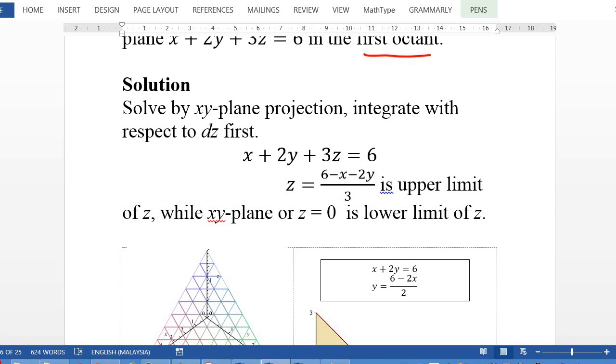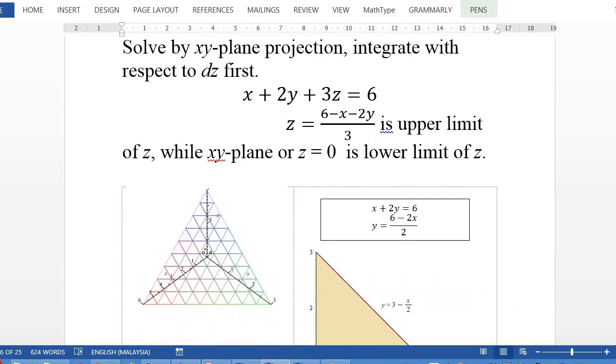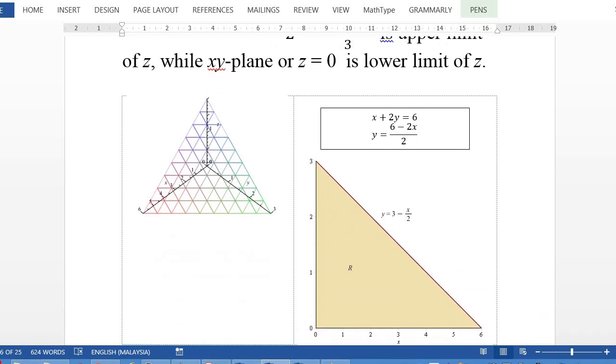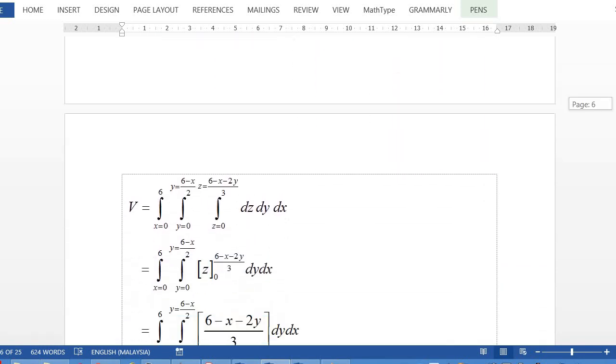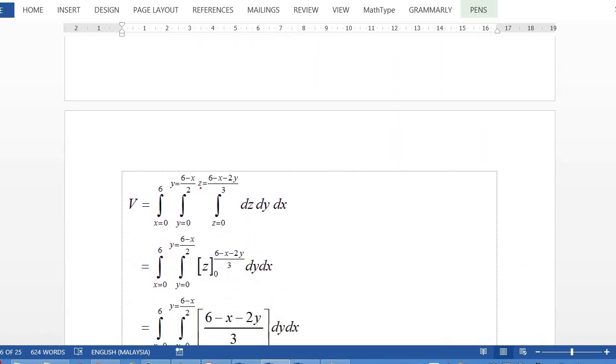You want to find the volume of this tetrahedron bounded by the three coordinate planes, so the projection is on the xy plane where z equal to 0. So z equal to 0 is the lower limit, and z equal to (6 minus x minus 2y) over 3 is the upper limit. Integrate with respect to z first.